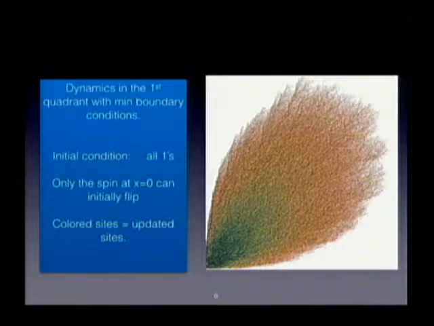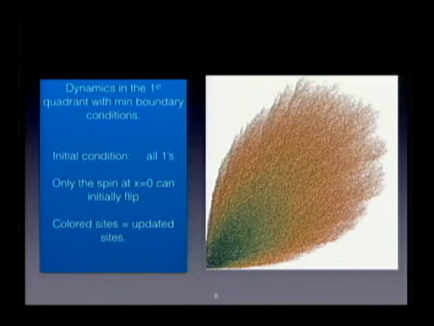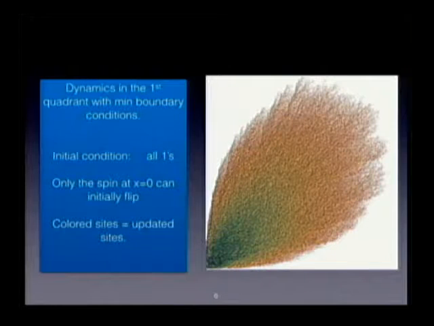And the initial condition for the simulation is all ones. So initially the first spin to flip is the origin. If the origin puts a 0, then maybe a next spin is able to change value, from 1 goes to 0, and then there is like an avalanche.